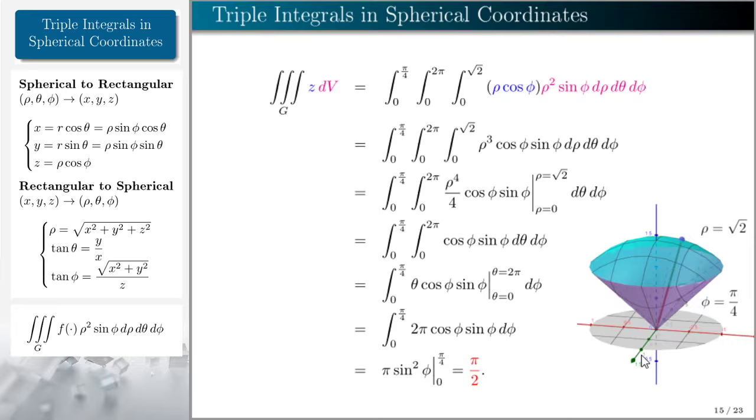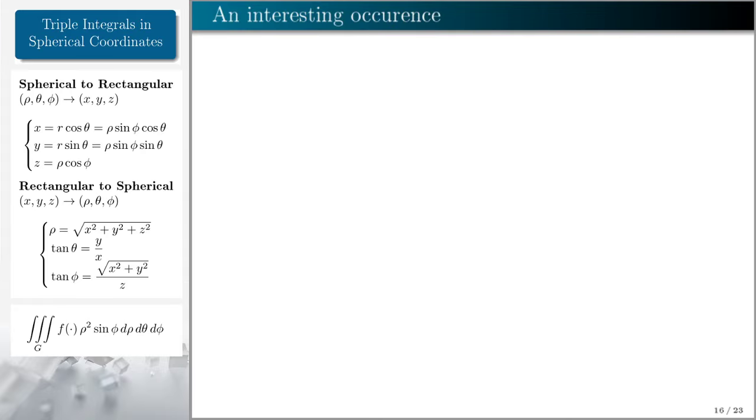So evaluating this integral in spherical coordinates really helps us. Another thing is that if you notice, when I express this in spherical coordinates, all of the limits are constant. And there is something that we can do when it is constant, and it's the following remark.